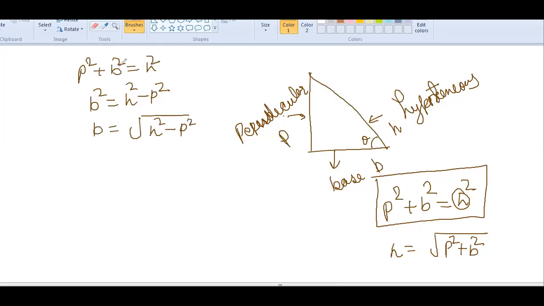Same way, if you bring b square to this side, p square will be equal to h square minus b square. So p will be equal to square root of h square minus b square. Got it? So if you know any two, you can easily find the third.